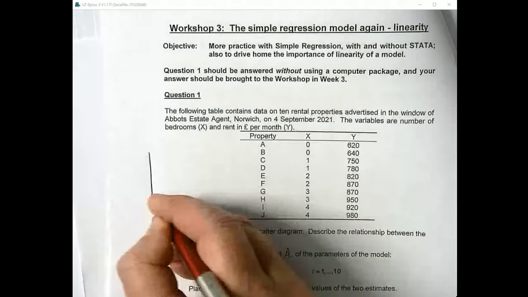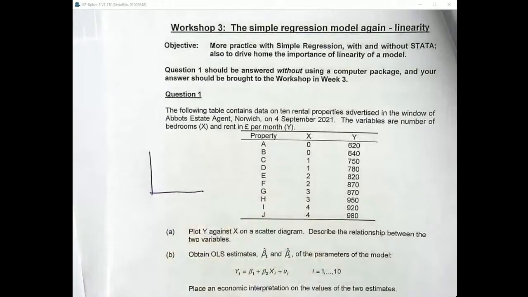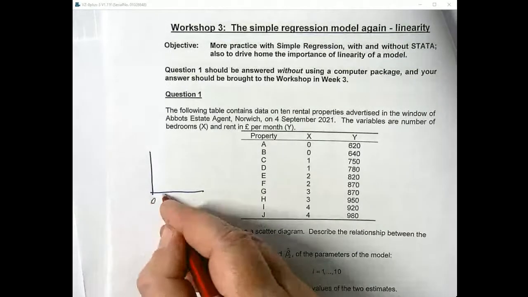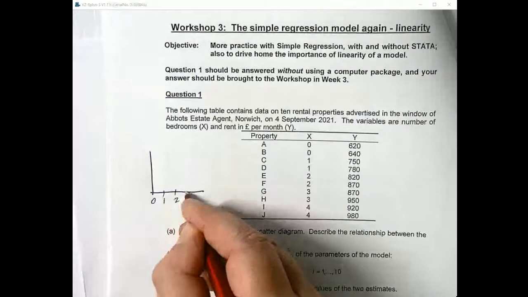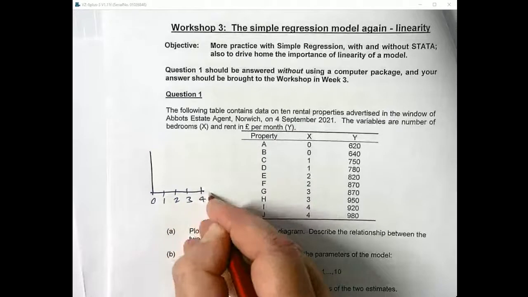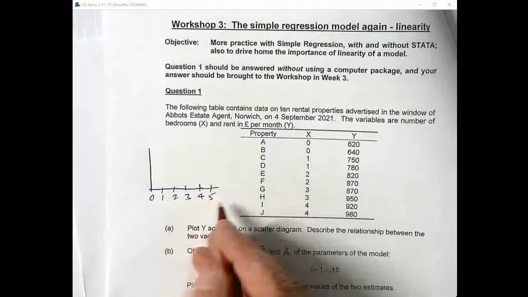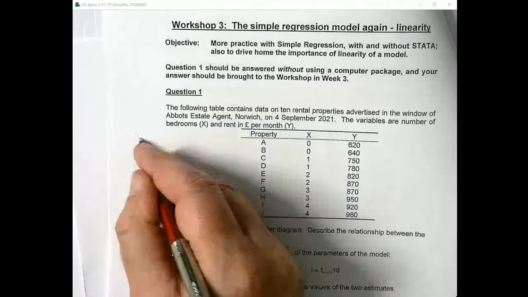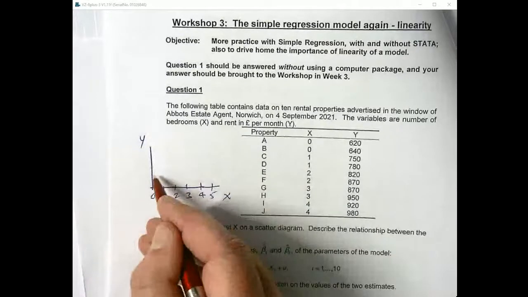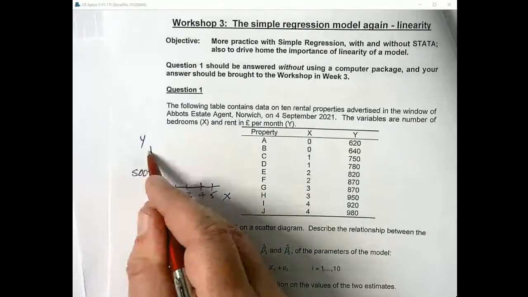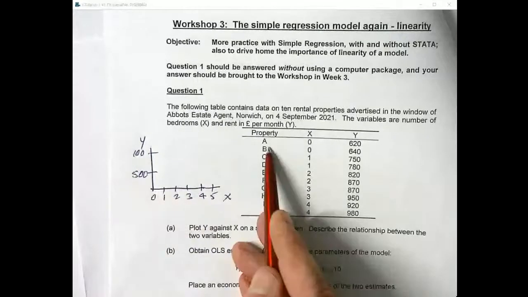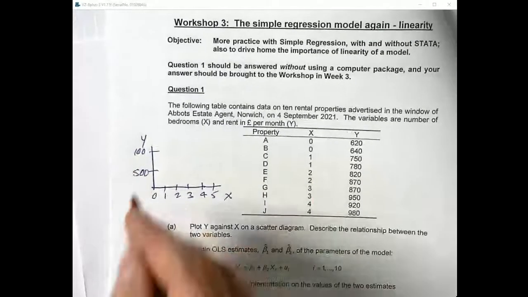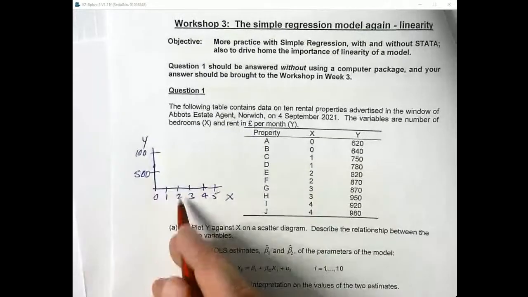Well, we're doing something very similar to the food example, but not the same. Number of bedrooms in the property and rent of the property. The first property has no bedrooms and rent 620.